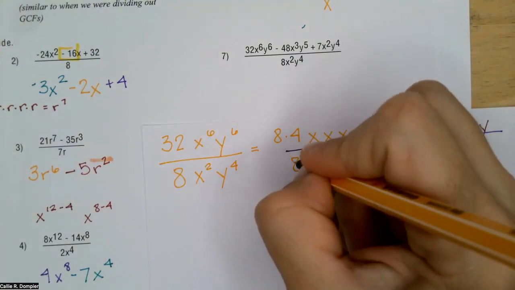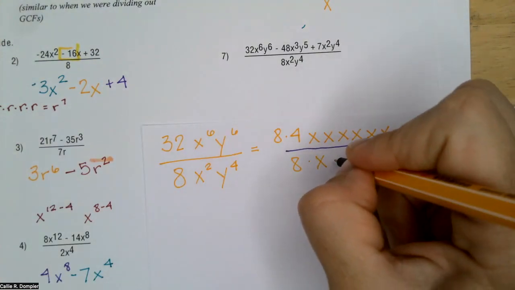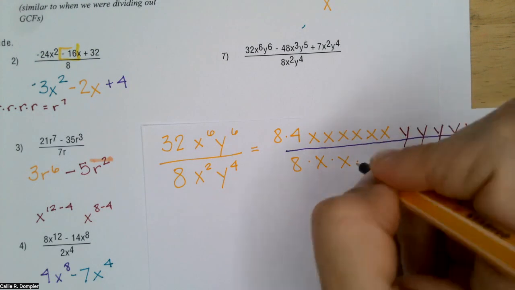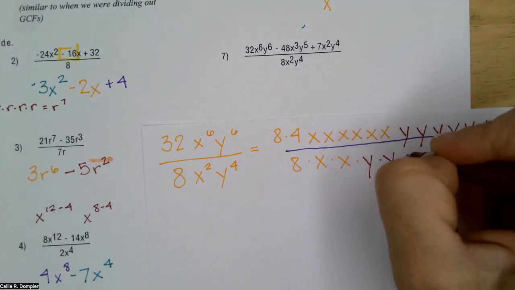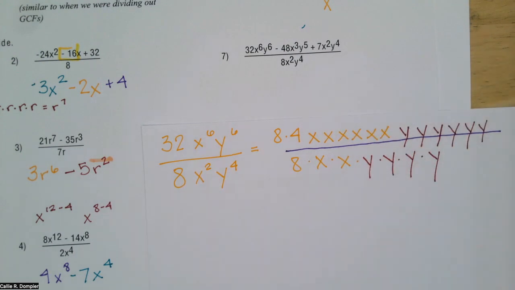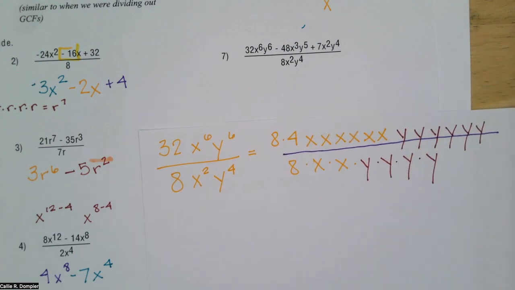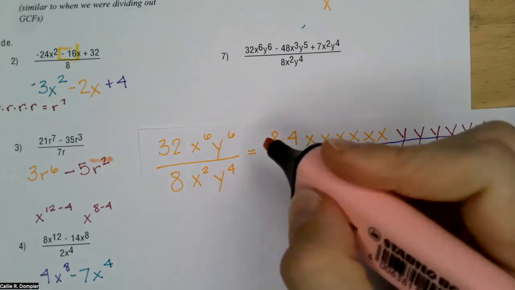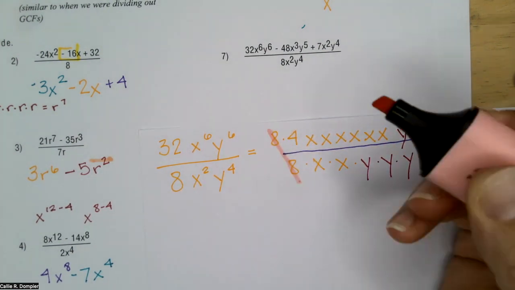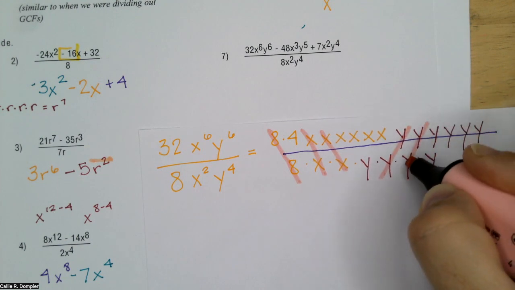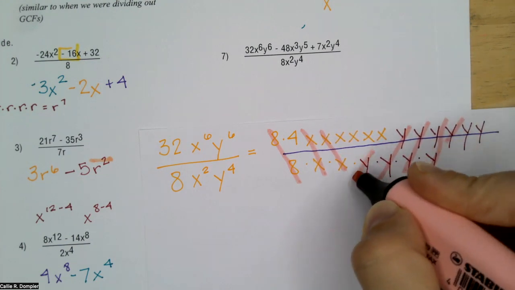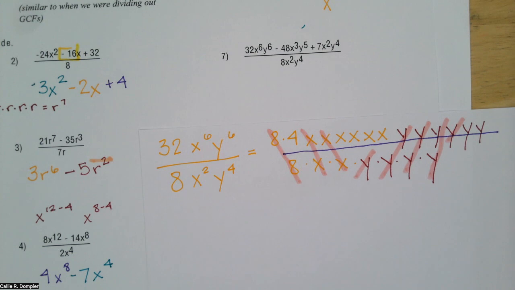There's 8 down here. Times x squared, and then 4 y's. The 8's cancel. 2 of the x's cancel. 4 of the y's cancel. 4 on top, 4 on bottom.